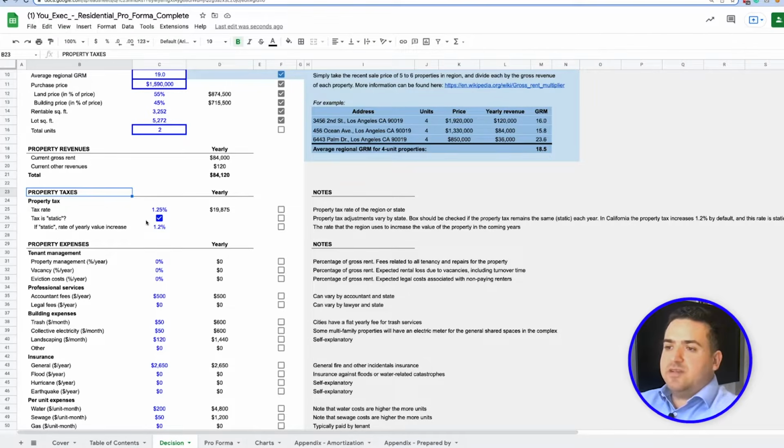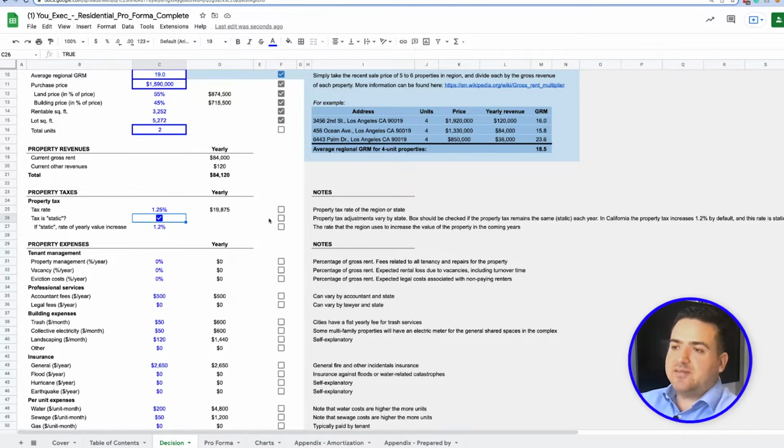Now, if you live in a state where the property tax is calculated from the purchase price, you want to click this checkbox, or write true if you're using Excel, so that we use what's called a static property tax. For example, the state of California in the US is a static property tax.